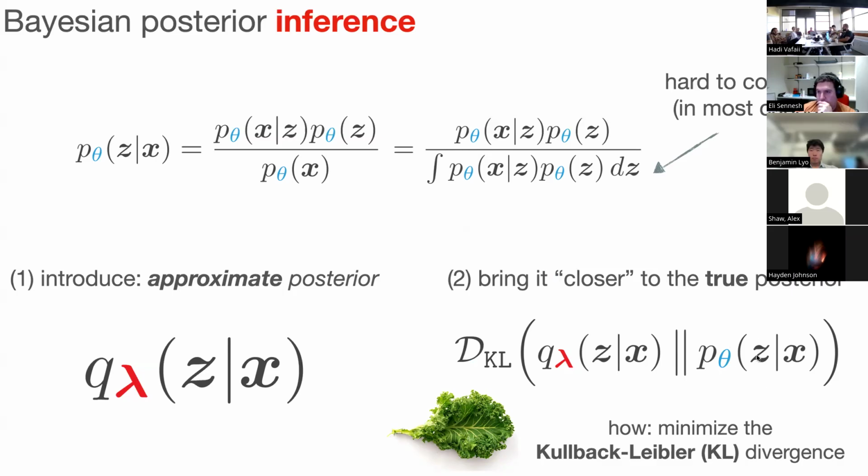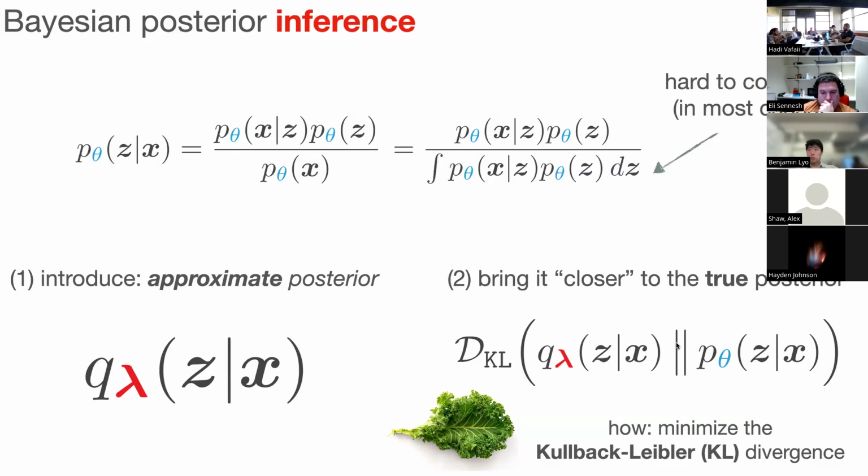We don't have access to this guy, but because of the properties of the KL divergence, if Q and P are identical, this function gives you 0. But if Q is different from P in any way, it's going to be a positive number. So it's non-negative and only 0 when Q coincides with P. Therefore, it's not exactly a distance metric, but it's kind of a divergence. So you can actually minimize this to have better posteriors.